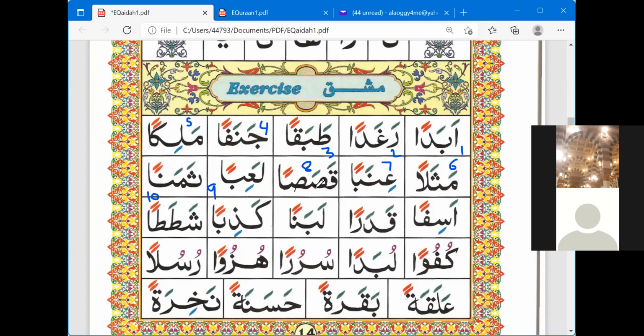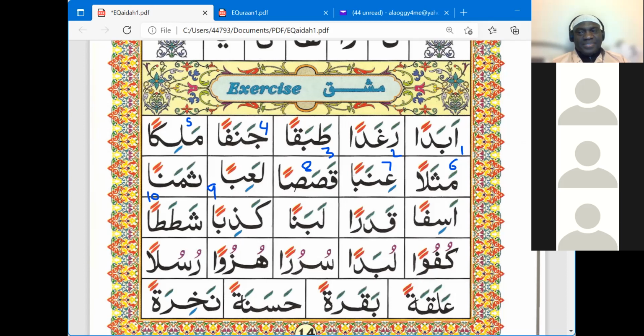Tobacon. What is number 5? Malikan. What is number 7? Inaban. Some are settling down to say it. Taking time to say it, you will get it right 100%. Let's look at the letter and we get it straight away.